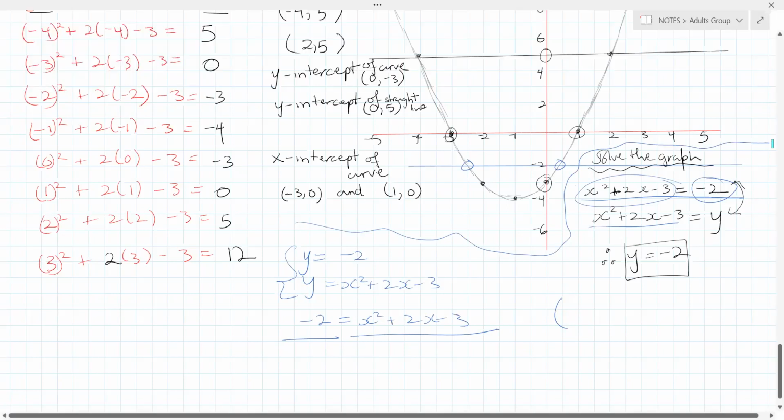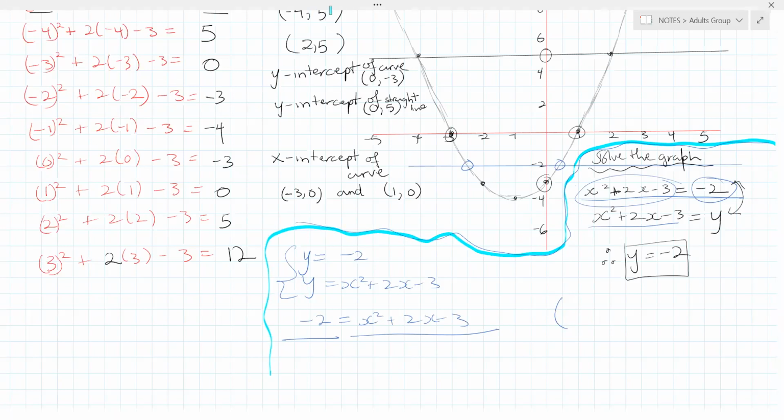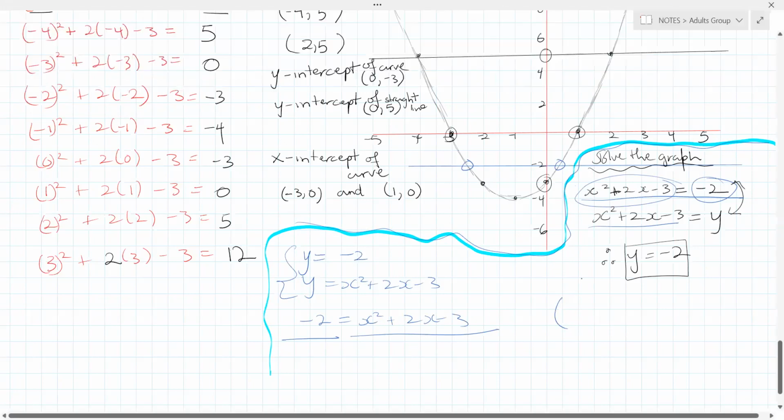Let's go over that explanation again. Give me the points of intersection, one thing at a time.